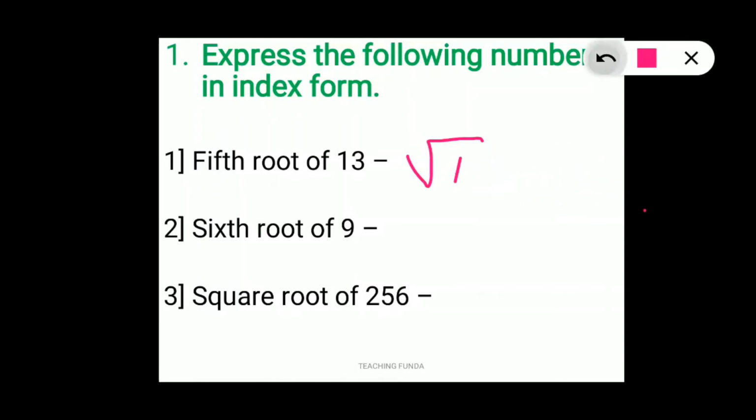Now next question, sixth root of 9. Sixth root of 9 means what students? In the radical form, first you write the number, and which root have they given to you? 6. Means between these two lines you have to write 6.